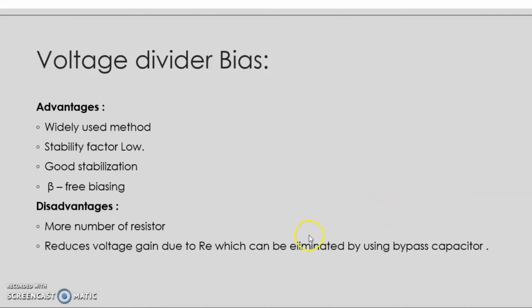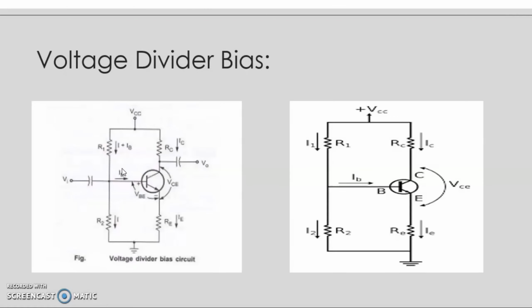Stability factor is less, which indicates that we are getting good stabilization. And how is this circuit providing stabilization? Stabilization is possible due to the RE resistor, which provides negative feedback, and due to negative feedback, our stability increases. If you refer to the notes, you can go in depth. It is explained more properly in the notes.